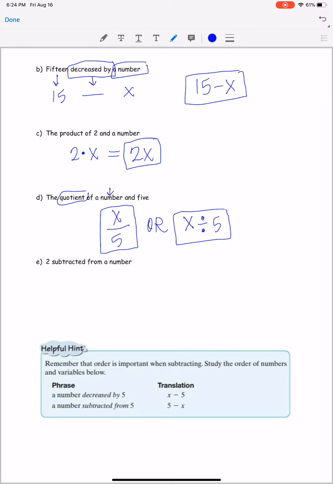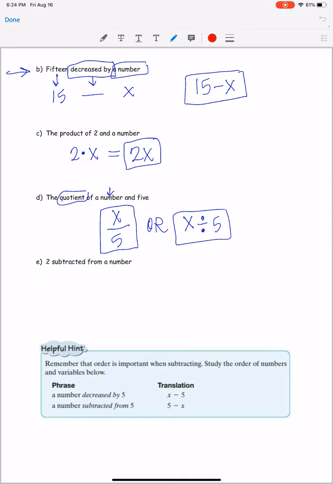Now E, our very last one, we're going to end with a tricky one. You've got 2 subtracted from a number. When you look at B, we have 15 decreased by a number. Notice it's in order. We've got 15, we've got minus, we've got x. It's right there, all in order the way you read it. So when you write this one here, it's very tempting and I'm going to write this in red because that's not what you want.